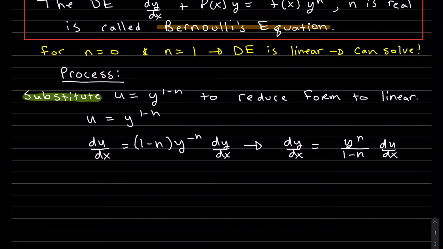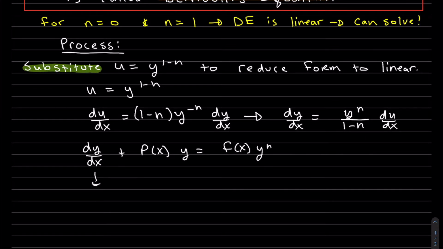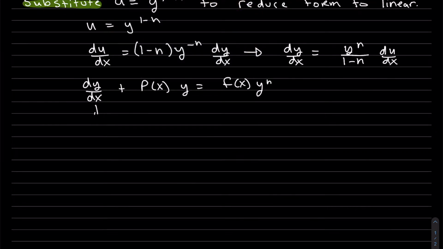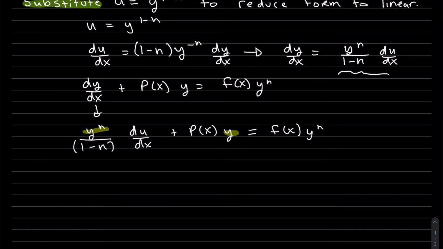And let's go ahead and plug it into our equation. Let's write our equation first. So dy/dx is equal to this. So let's replace this. I'm going to actually divide by y to the n. By the way, even though we're doing this in general, this is the process that we are going to follow every single time we use Bernoulli's.